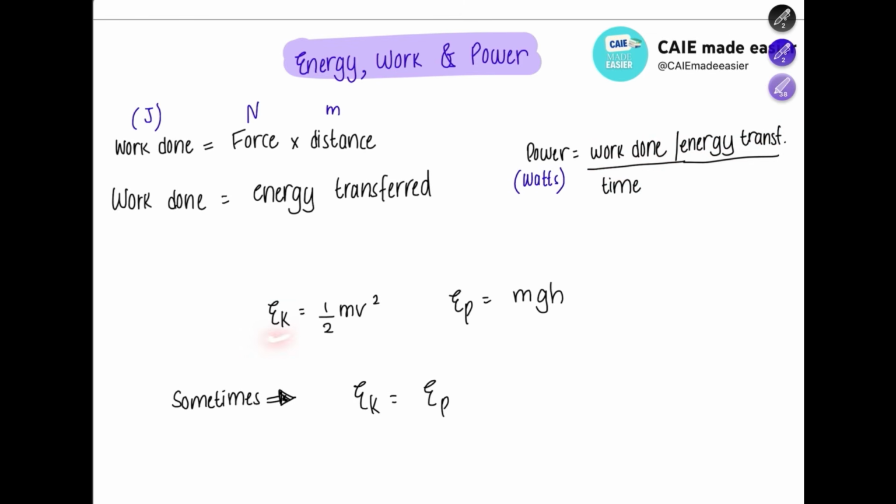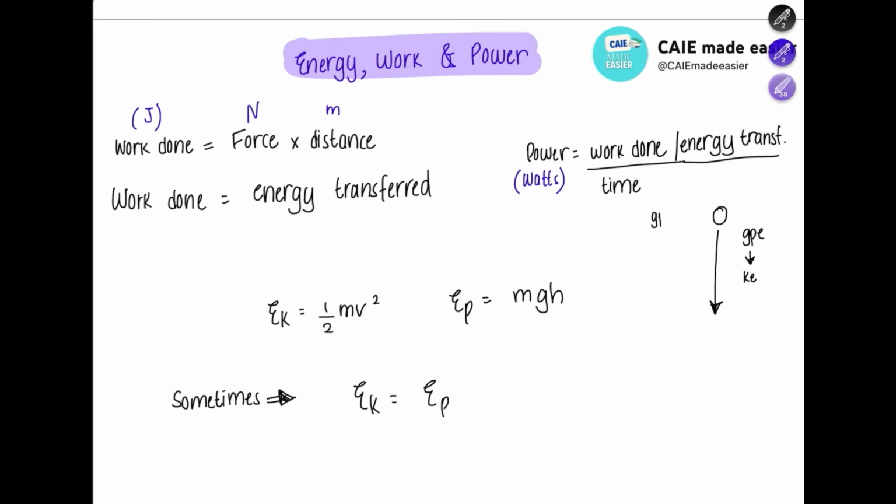Okay, we have kinetic energy and gravitational potential energy. The equation is half mv squared for kinetic, and for potential it is mgh. Sometimes both of them can be equated. That means, again, for a falling object, as the object is falling down, its gravitational potential energy is being converted into kinetic energy.